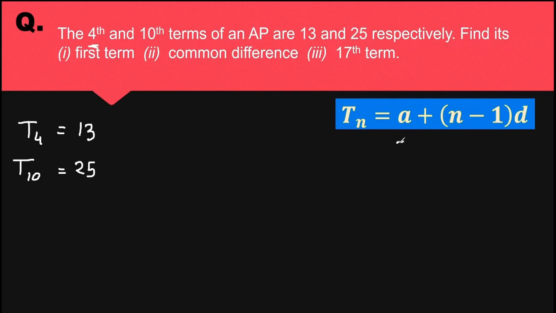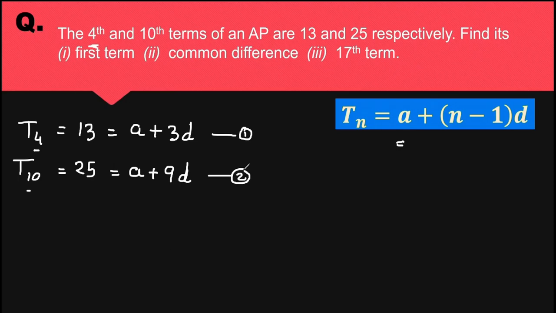Tn equals a plus n minus 1 times d. So here the fourth term is given as 13. That means it is a plus 4 minus 1, that is 3d. And the 10th term is 25, that means n is 10, so this is a plus 9d. Now we have two equations, equation number 1 and equation number 2, having two variables.